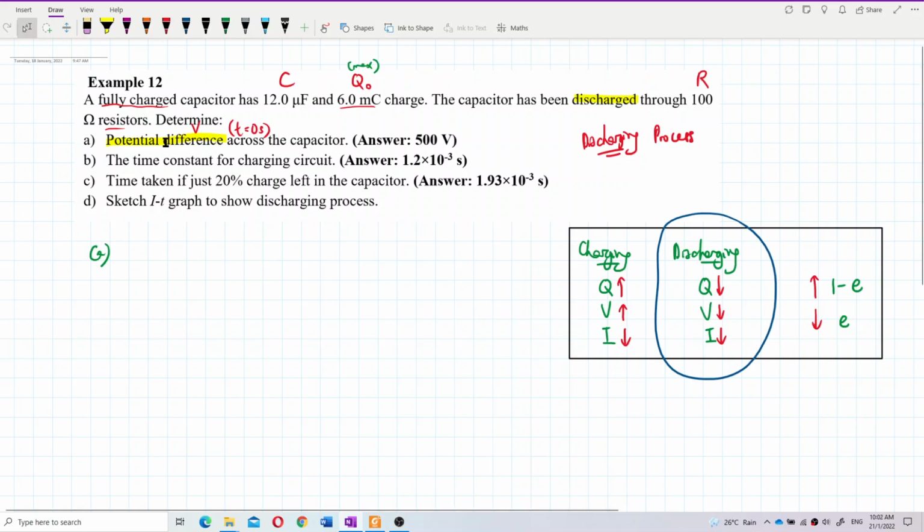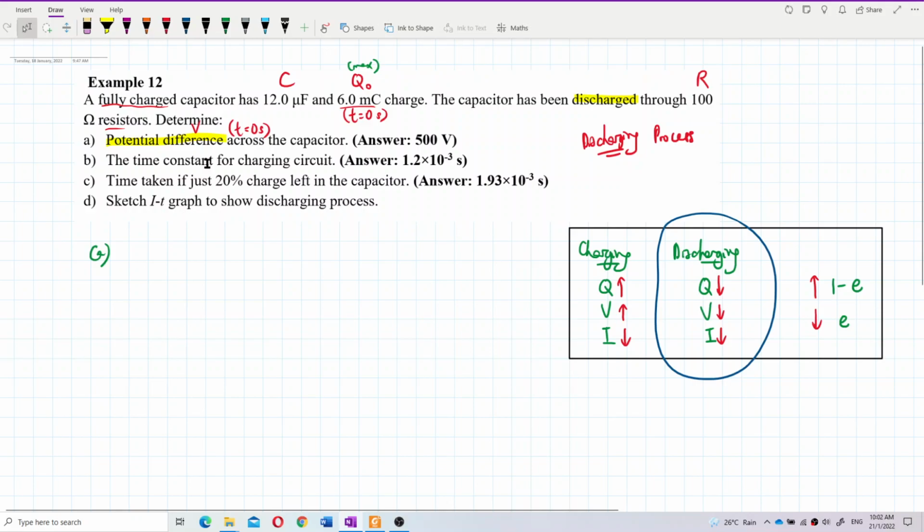He didn't mention what time, so that means this happened at initial, at 0 seconds. This charge is also the initial charge, so we want to find the voltage at 0 seconds also.